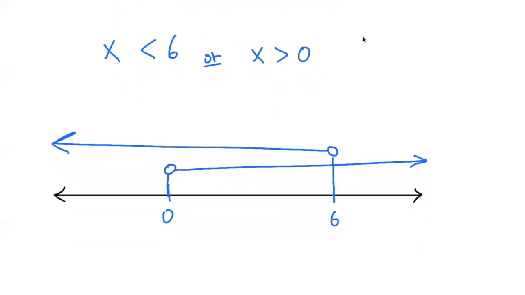Can we do 8? Is 8 a solution? First, is 8 less than 6? No, that's not, so that statement is false. Let's try the next one. Is 8 greater than 0? Ding, ding, ding, yes, it is greater than 0. That's true.